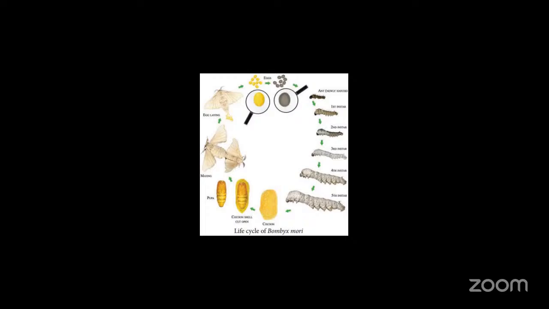When the silkworms are about 25 days old, they are 10,000 times heavier than when they hatched. Look at this: after 25 days, compared to the first emerged larva, they gain 10,000 times the weight.